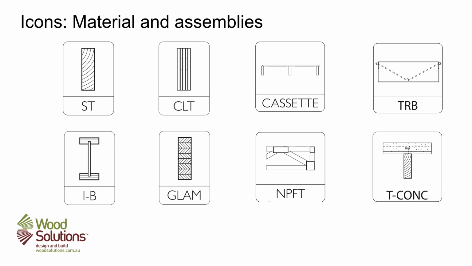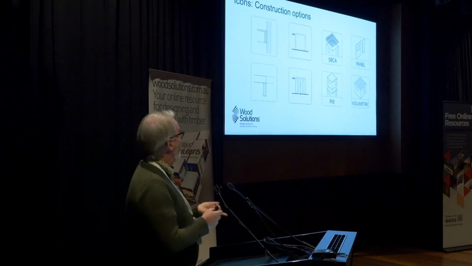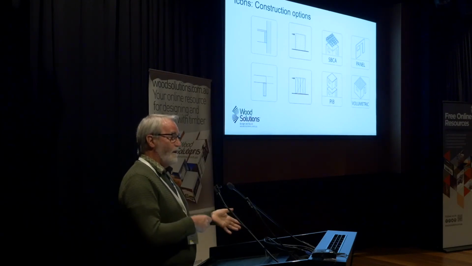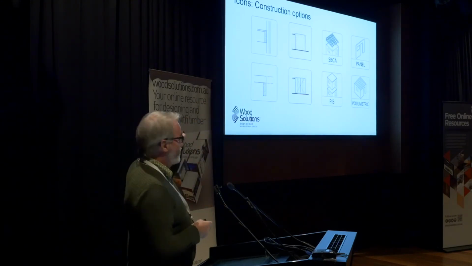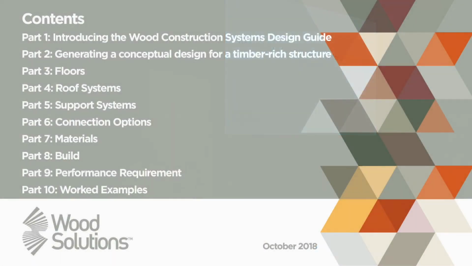So the four on the right are ones that you could assemble up from some of these other materials. We also then use icons for construction options, how you might fit one thing next to another, how you might run a bracing system, or how you might approach something like prefabrication.